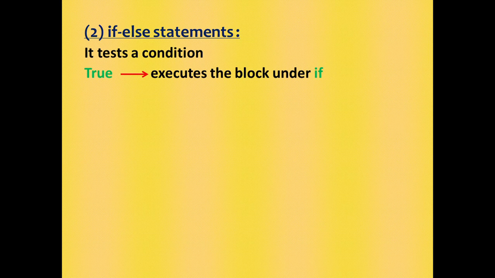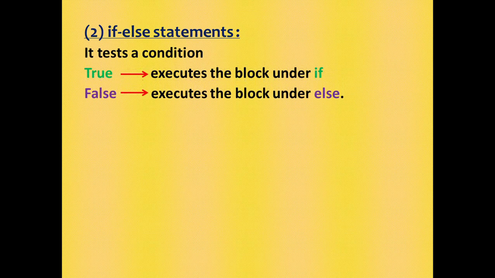The next form of the if statement is the if-else statement. It also tests a condition. If the condition is true, it will execute the block of statements given under the if. Suppose the condition is false, it will execute the block given under the word else.